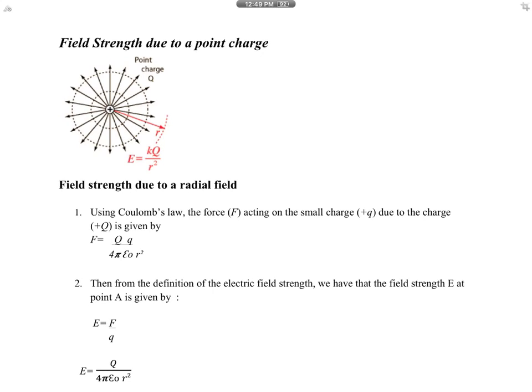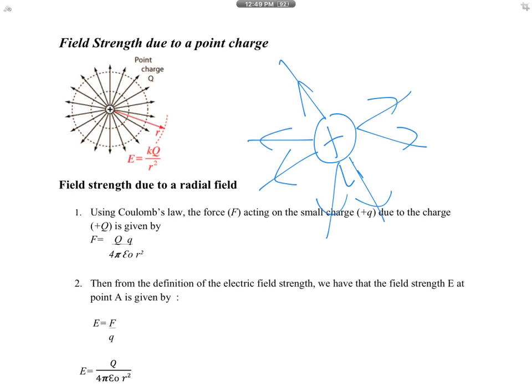Example, let's say you had a lithium ion, and you have electric fields around this nucleus. Alright, let me just draw the lines.